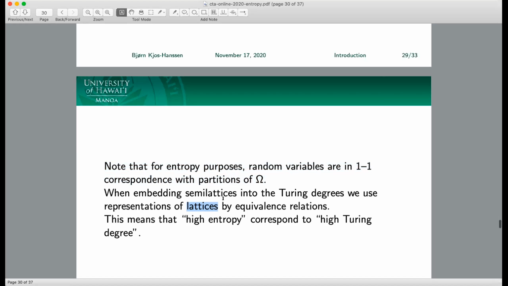Well, equivalence relations are ordered by finer and coarser equivalence relations. And it turns out that you can take a lattice and find a set of equivalence relations that has the same order structure.